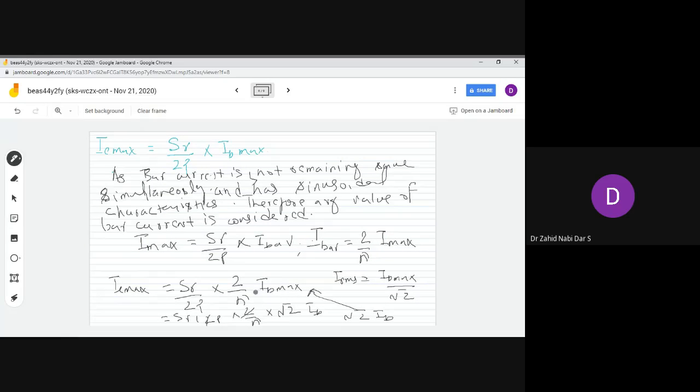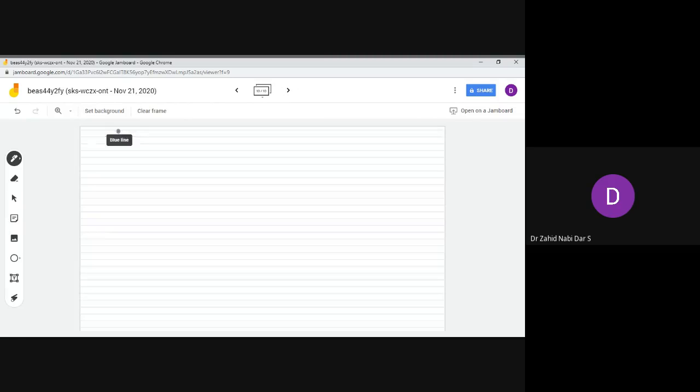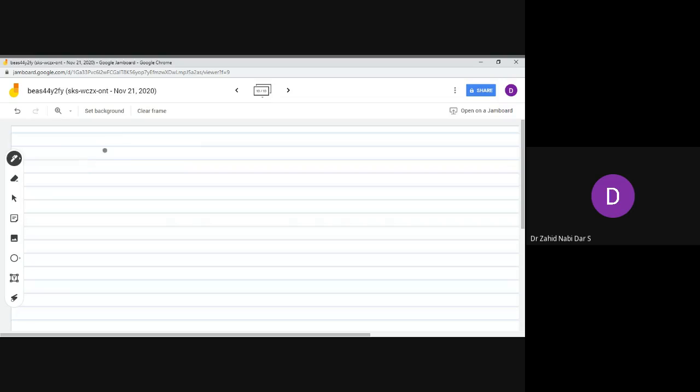tell me what would be the final value that you will be getting. In the next slide we'll see the final value. So now you have IE max is equal to 2 by pi into SR by 2P into root 2 IB.